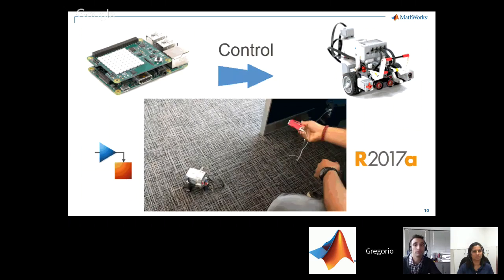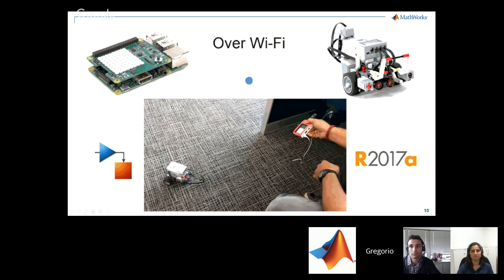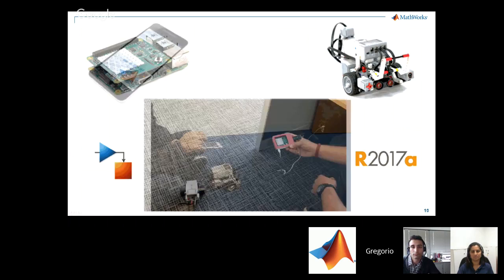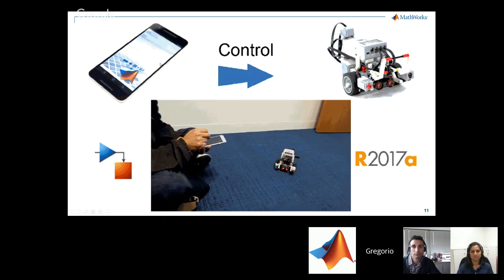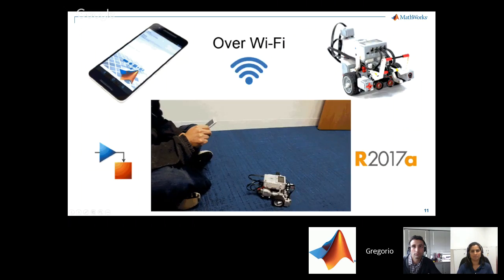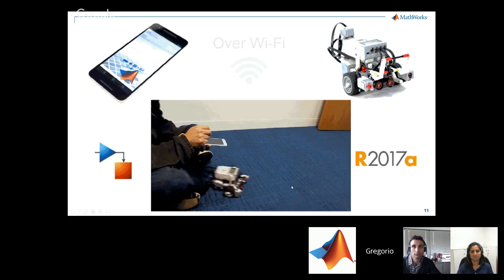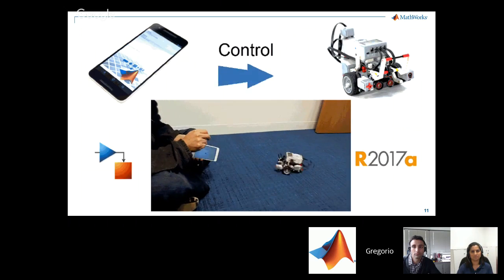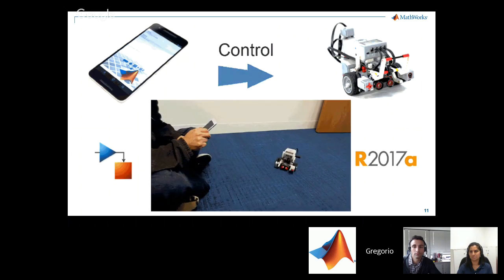Similarly, you can connect many other devices in a similar way. In this case, I'm showing the Raspberry Pi with a Lego, but because this webinar or YouTube live session is on mobile devices, let's focus on the mobile. So here's another application in which we are controlling a robot by just tilting the phone forward, left, right, and using accelerometer data to send commands to the robot. And so on and so forth.